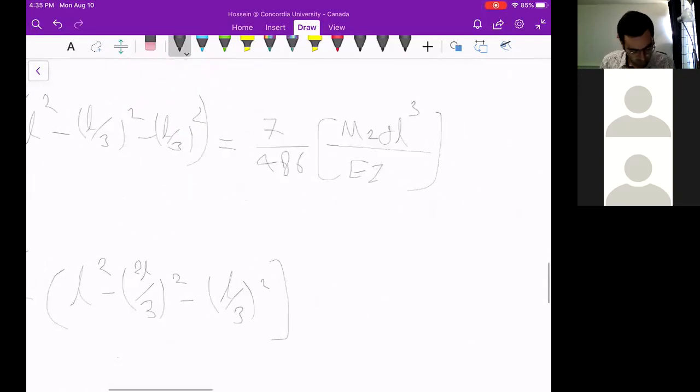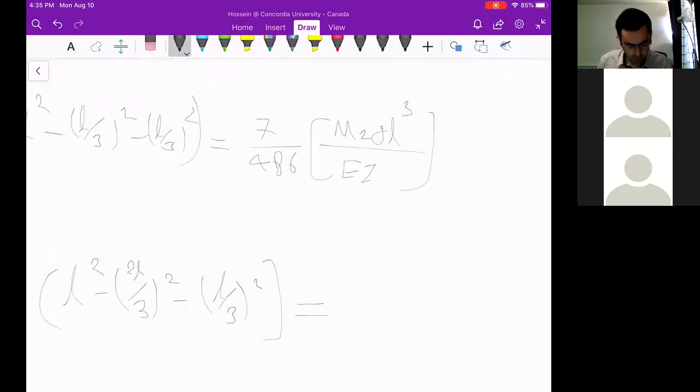So it's going to be 8 over 486 multiplied by M2GL cube over EI.